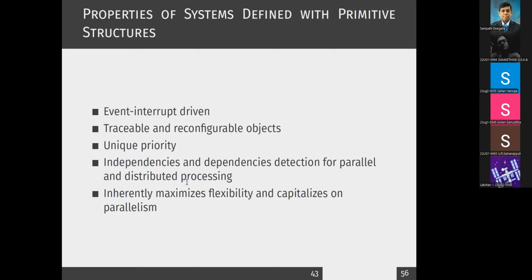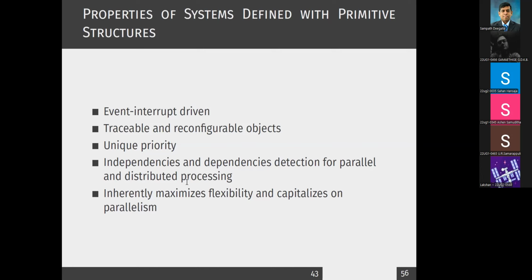So if each is the top of this, then you notice that there are two parts, the top and the legs. So the priority order is already defined, right? And then you can also identify independences and dependences. And then sometimes you can also identify parallel and distributed processing.